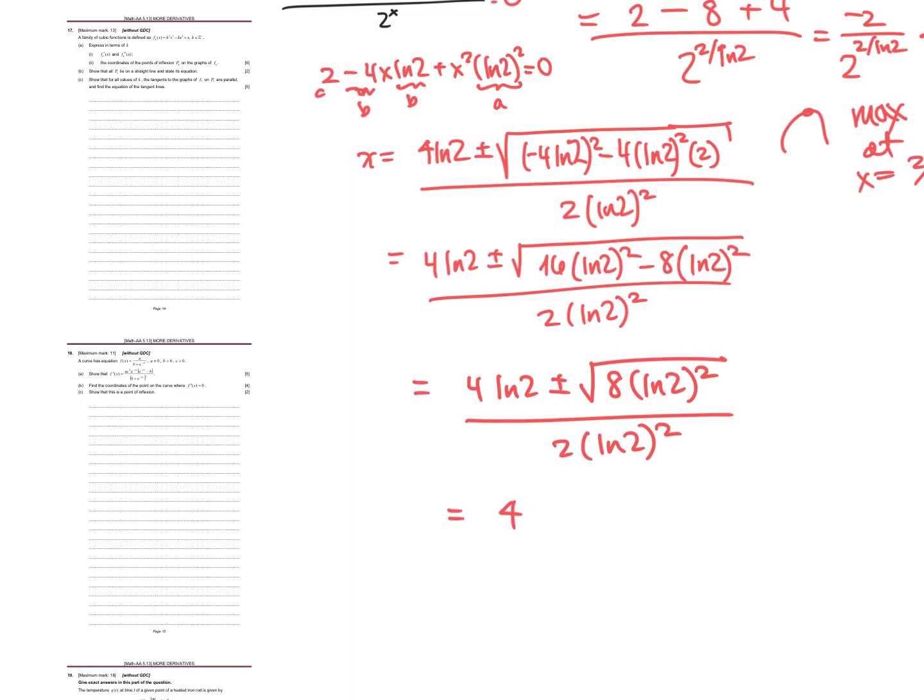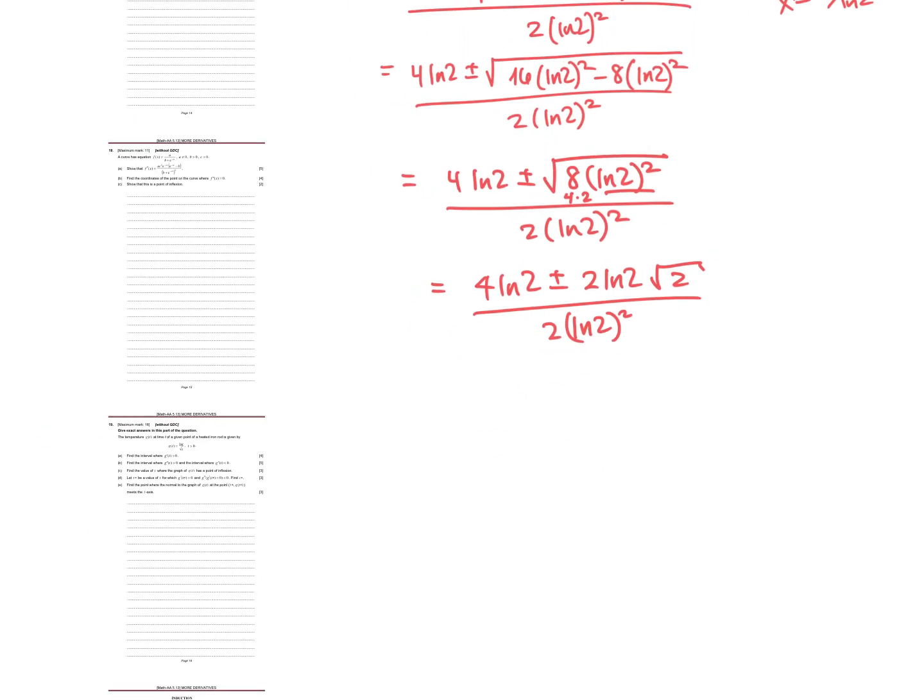And then this comes out 8 because this is 4 times 2. So we're going to have 2, and then this obviously is just natural log 2 coming out. The square root of 2 stays in. Over 2 natural log 2 squared. Okay, so now from this, we can factor out a 2 natural log 2.